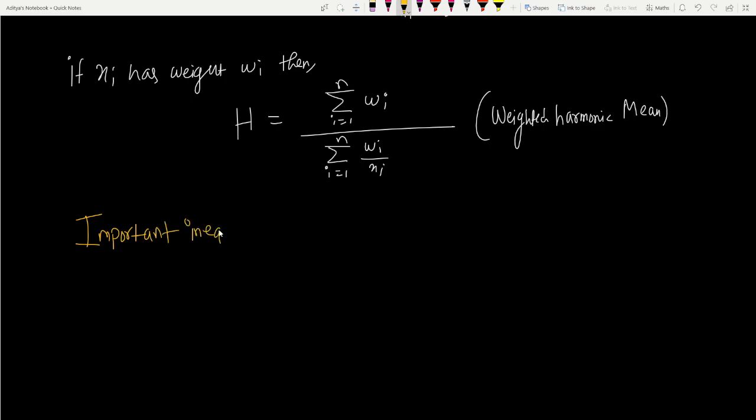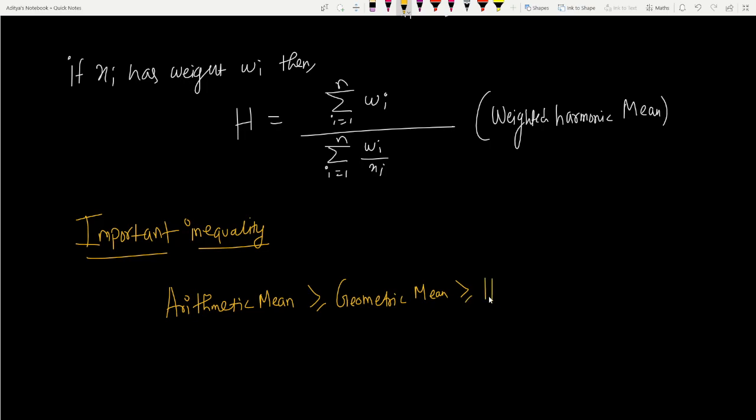It's an important relation, or rather an important inequality, which states that the arithmetic mean is greater than or equal to the geometric mean, and is greater than or equal to the harmonic mean for the same data set.